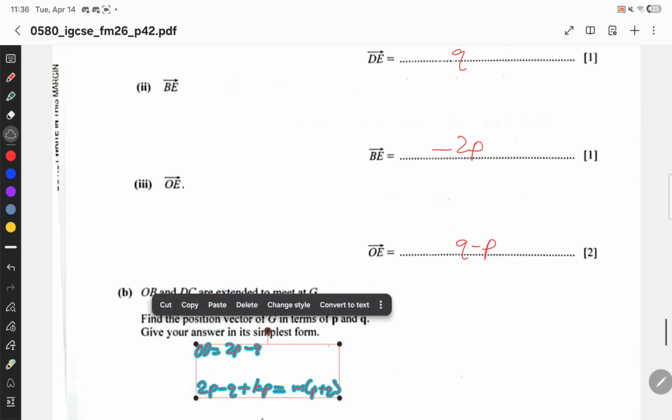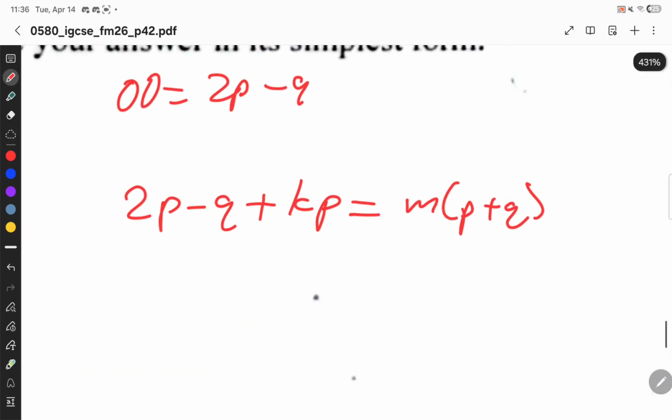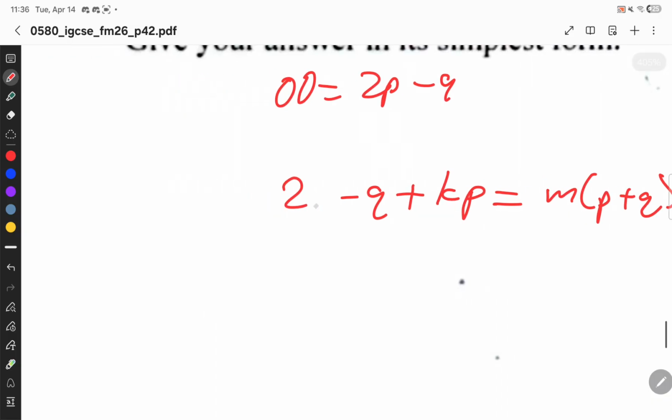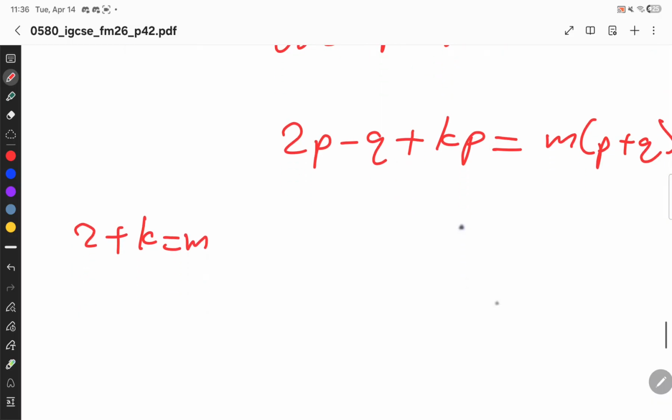No need to move it further. If we equate the p terms, 2 plus k is equal to m, and the q terms, negative q is equal to mq.